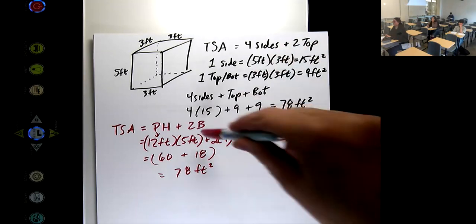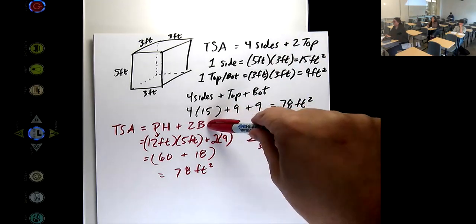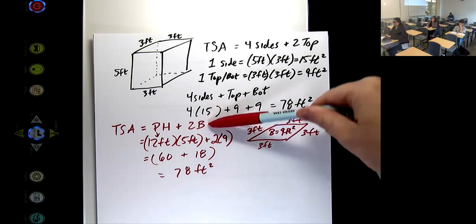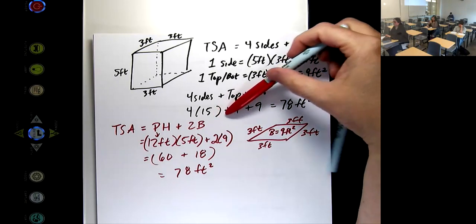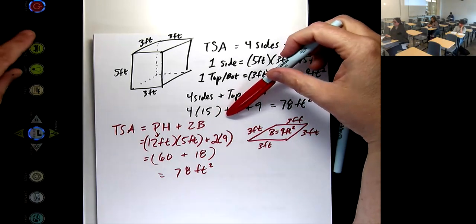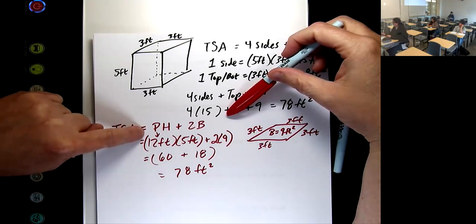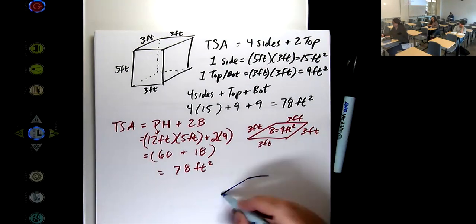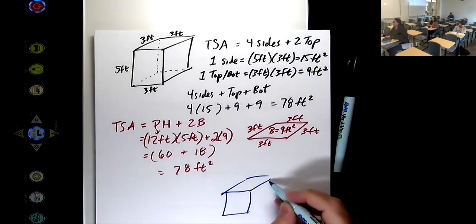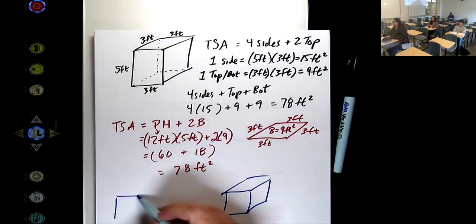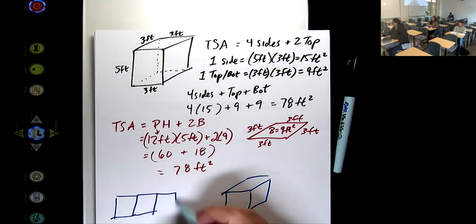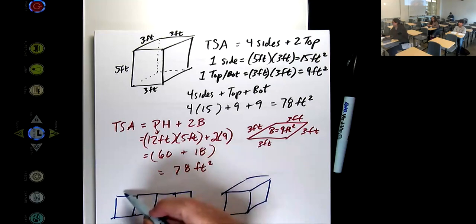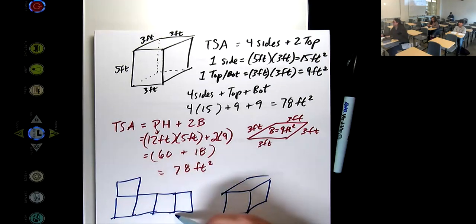If you want to do the formula the book's going to use, and if you click on ask for help or whatever, it's going to probably do this. But you can go through and go, okay, this is a box. If I unraveled it, it's going to have 4 things like that, and then it's got a top and a bottom.